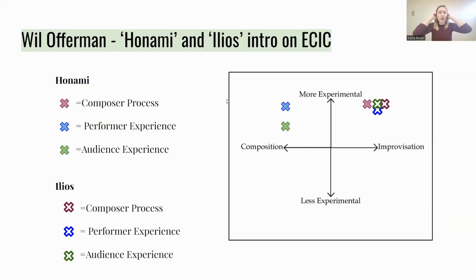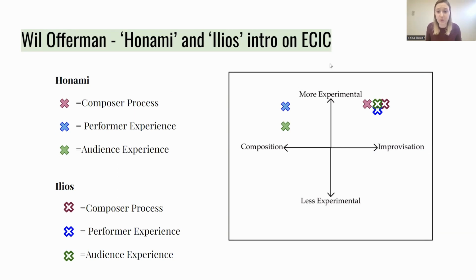So Honami and Ilios both have an interesting difference in composer, performer, and audience experience. So Honami, her composer experience required a lot of improvisation and more experimental use of rhythm, microtones, extended techniques, moments of indeterminacy and contingency.